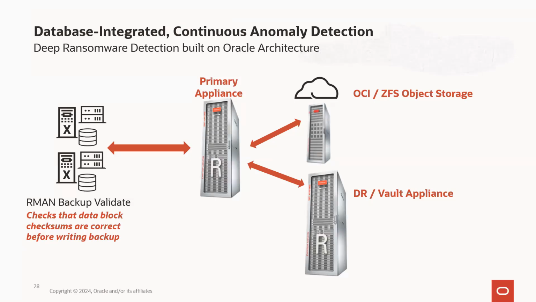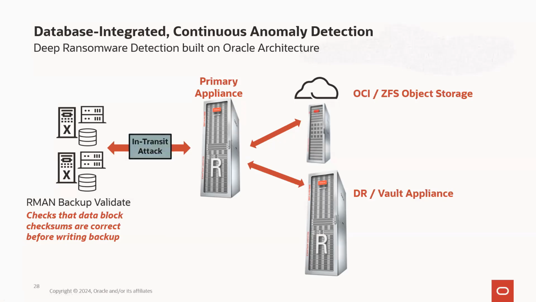But if you think about it, what a database backup, or at least an Oracle database backup is, is RMAN backup sets. We're not talking about libraries. We're not talking about executables and files. We're talking about RMAN backup sets. So it's really important to ensure that those RMAN backup sets are valid, that you're going to be able to restore and recover from.